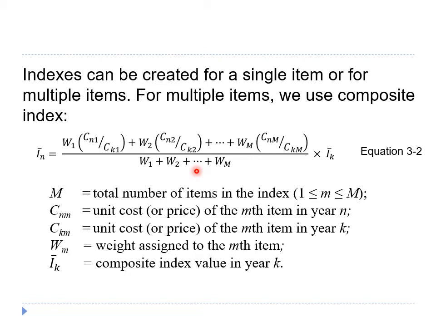Almost any combination of labor, materials, products, services, and so on can be used for a composite cost or price index. And CNM and CKM here refer to the unit cost or price of the M item in year N and year K. Again, year K is our reference year.